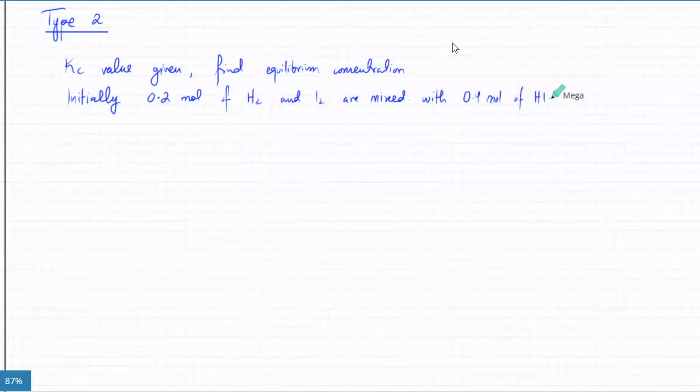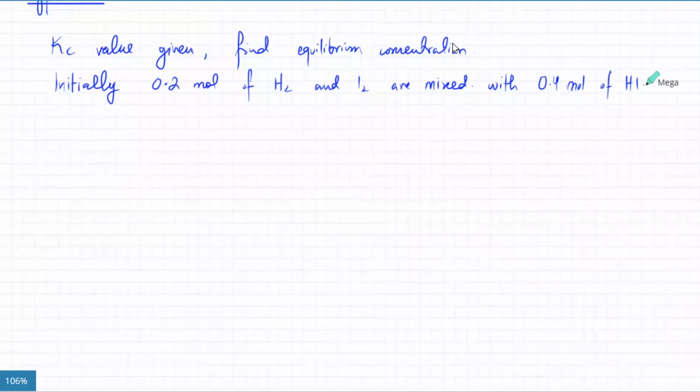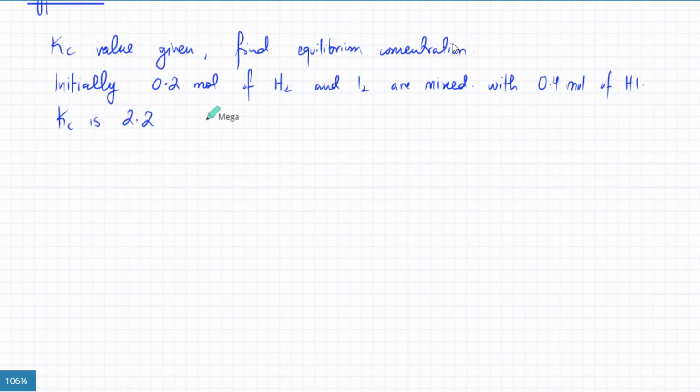So that's the question. That's the initial concentration or moles of the substances. And then he says that the Kc value is 2.2. And he's asking find the equilibrium concentration.